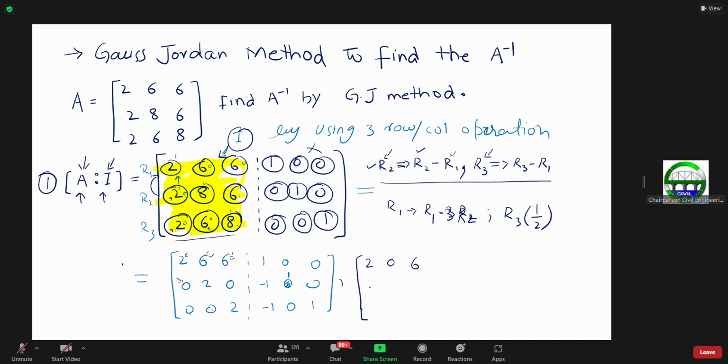There will be no change in R2, so it will be 0 2 0. In the identity part it will be 1 1 0, with the change to 1 0 0, and finally I will multiply my R3 by 1 by 2, and then my answer will be 0 0 1.